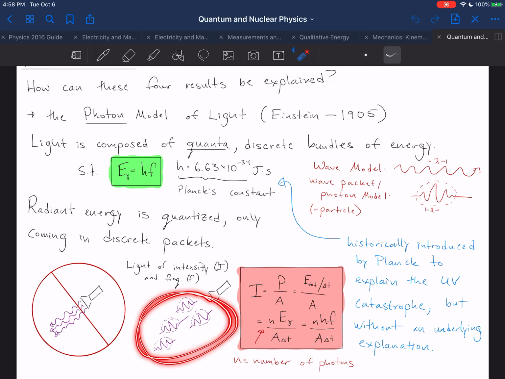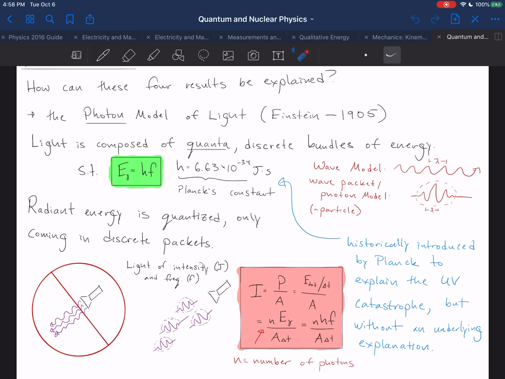And this is the model of light to have in your head: a whole bunch of different wave packets. If you increase the intensity, you're increasing the number of these wave packets, the number of photons, not the energy of each photon. And the frequency is just related to the amount of energy per photon.